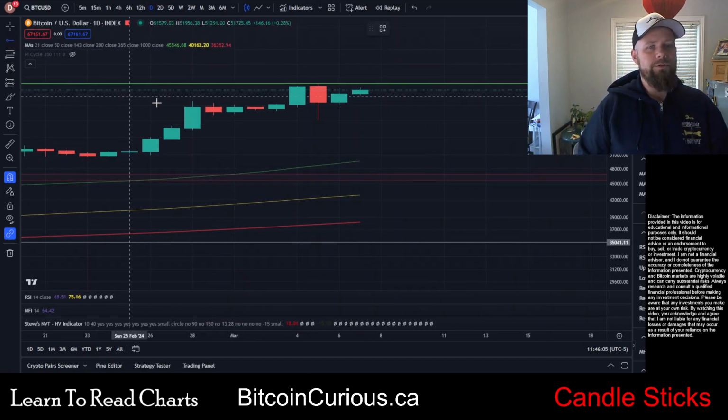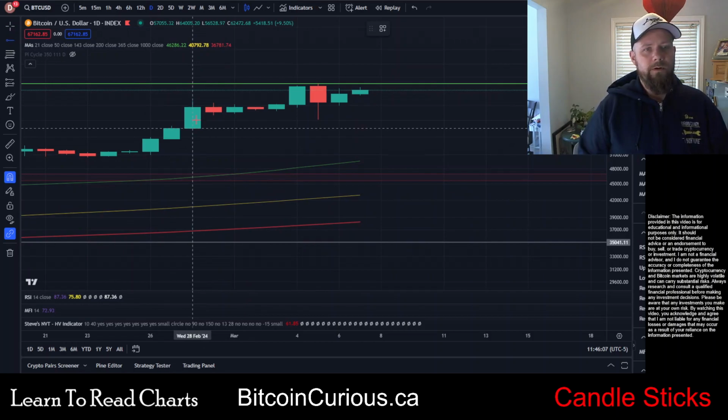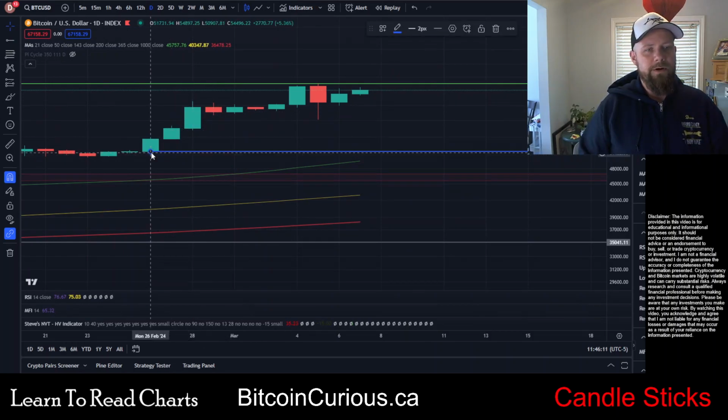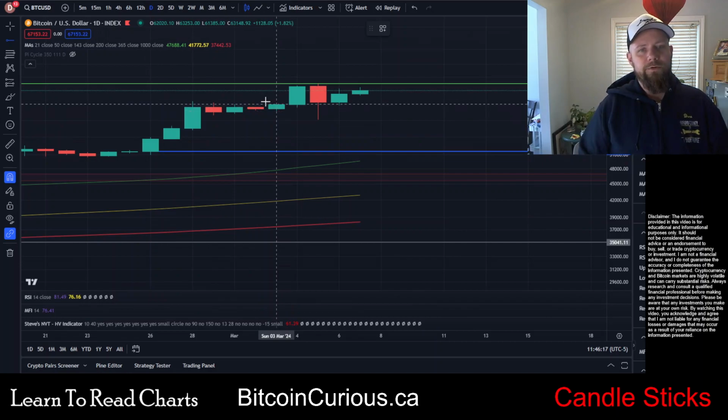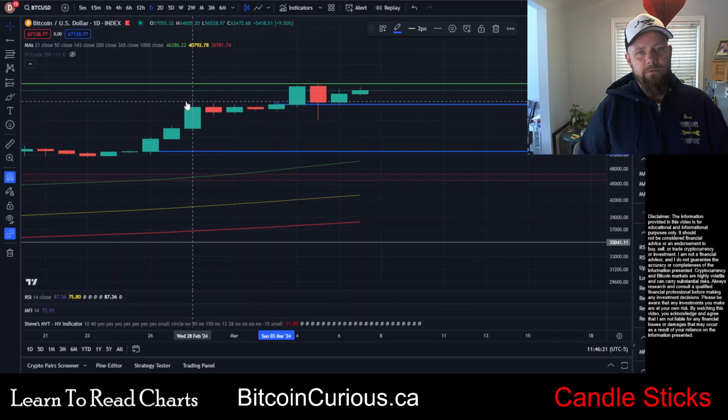Now I will use this. So where's Monday? This is the Monday candlestick. It starts on Monday. We can see there's a little wick below, and then it ends on Sunday, right here. We can see there was some price action above where it closed and below where it closed.